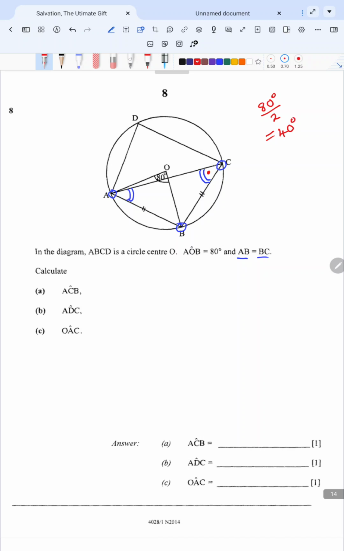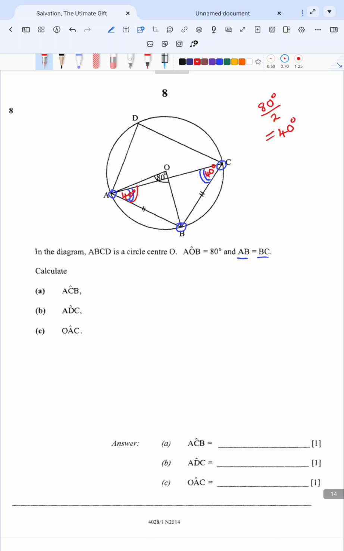So we have 40 degrees at C. I'm going to write 40 degrees here at C. Since C and A are equal, it also means that we have 40 degrees at A here, since C and A are base angles of the isosceles triangle.